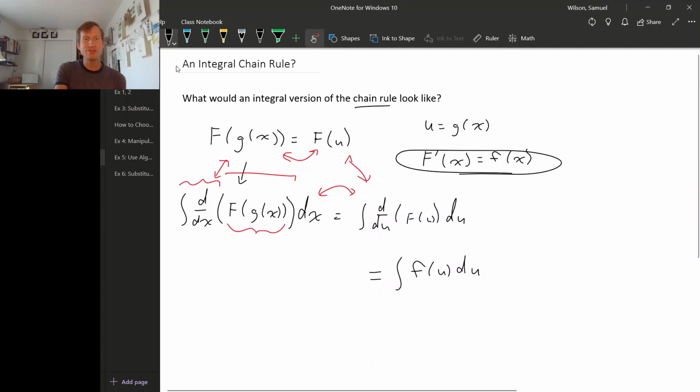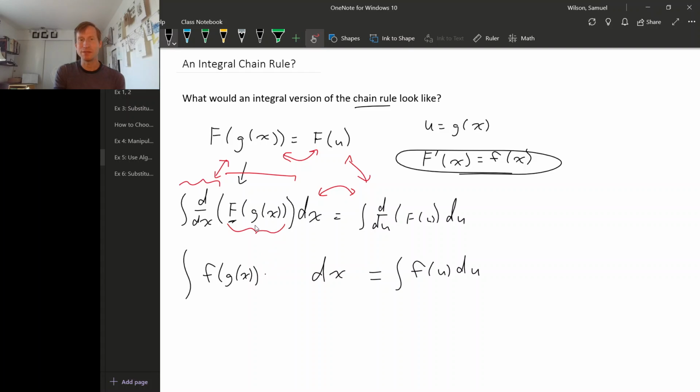So to calculate this derivative inside our left-hand integral, we have to use the chain rule. And the chain rule says you take the derivative of the outside piece, which is little f, and then you put the inside into it, so little f of g of x, and then times the derivative of the inside piece, and the derivative of g is g prime.